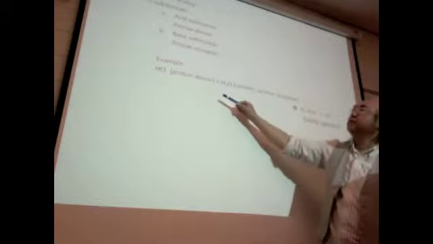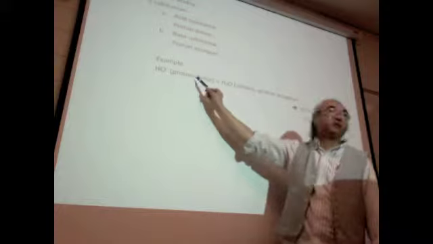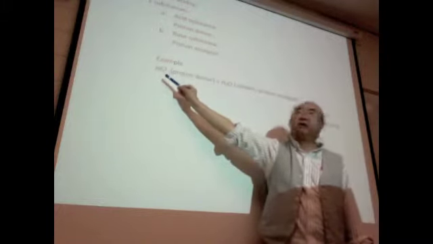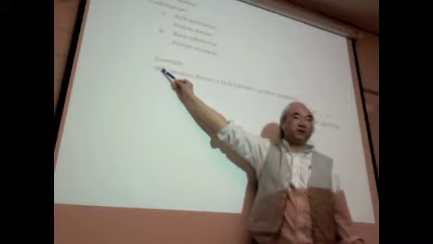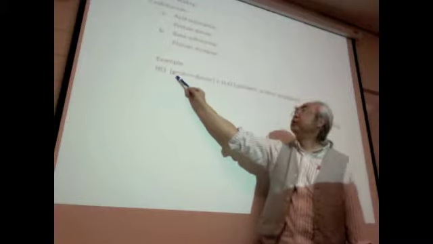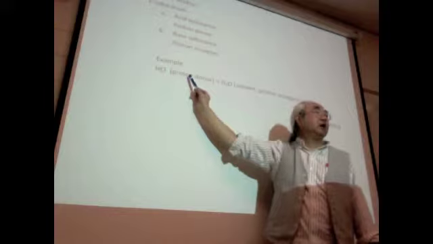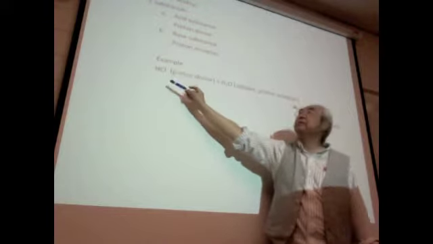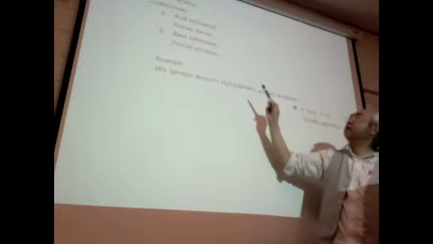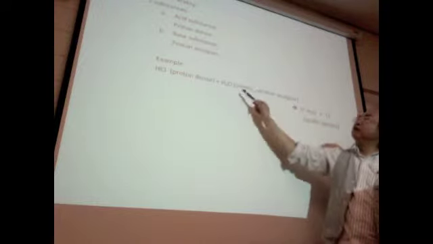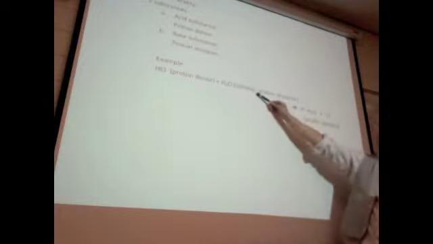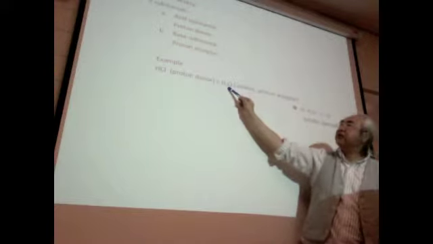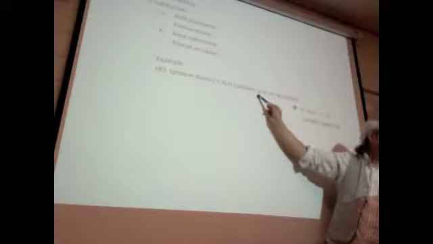For example, the HCl chemical substance is a proton donor. It has H+ in the formula, so potentially it can donate the proton, not as yet until it runs into a solvent. In this case, this solvent is a proton acceptor. It's going to accept it, and therefore it is a base.